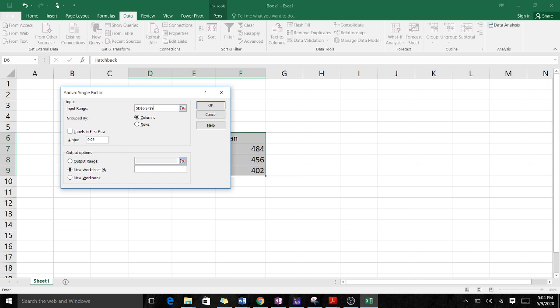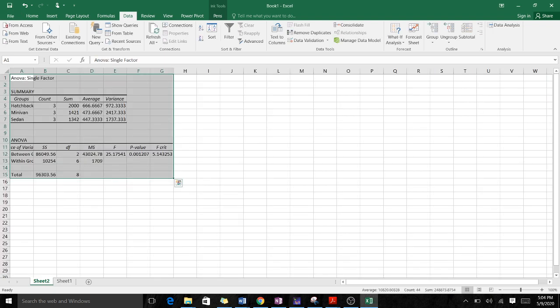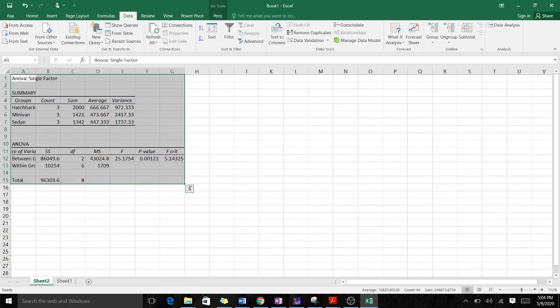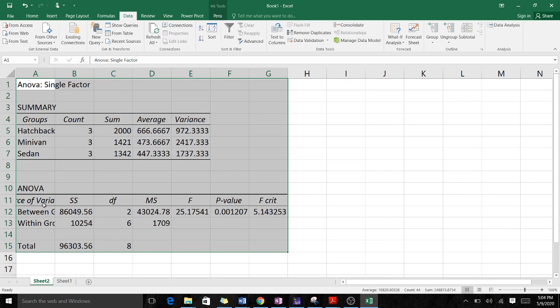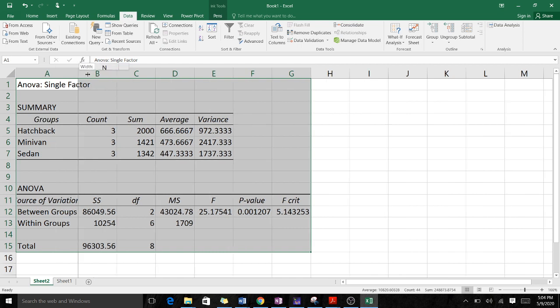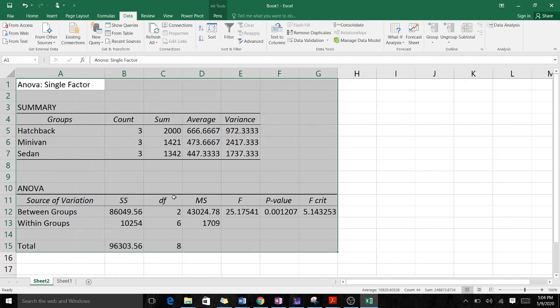Those are the types of the car. So we select that one and we go to OK. So when you go to OK, I hope you can see that now. So we have our ANOVA table here. There's our ANOVA table. So our ANOVA table is ready and we can see it here.